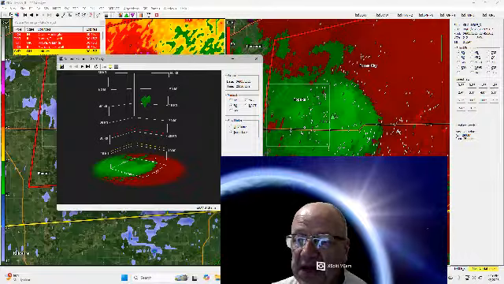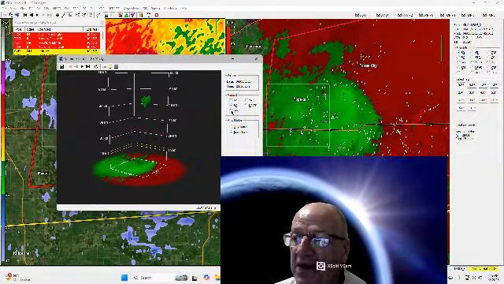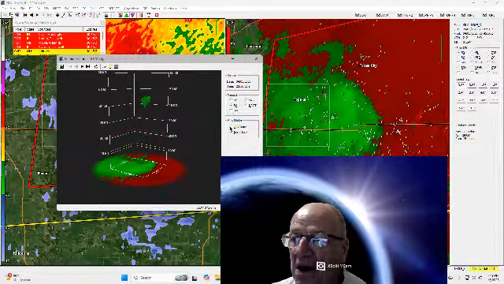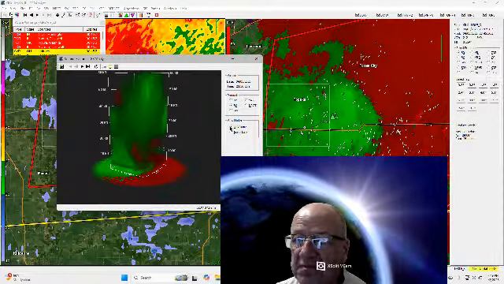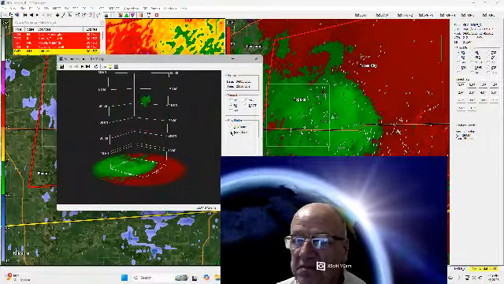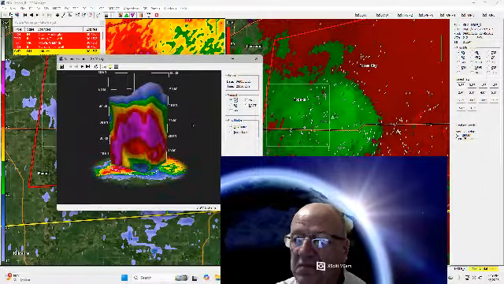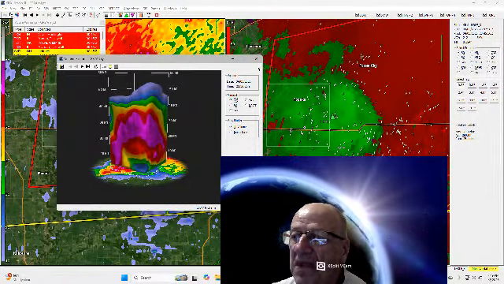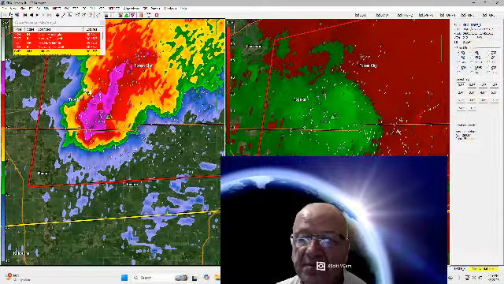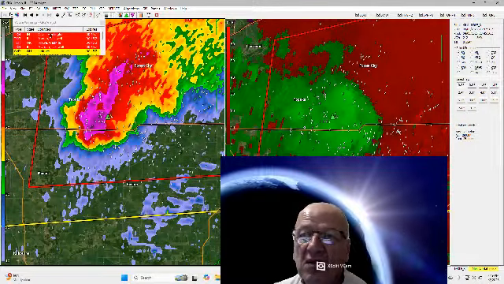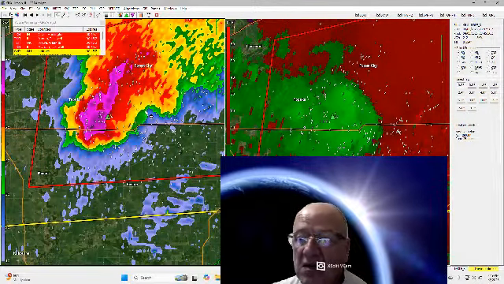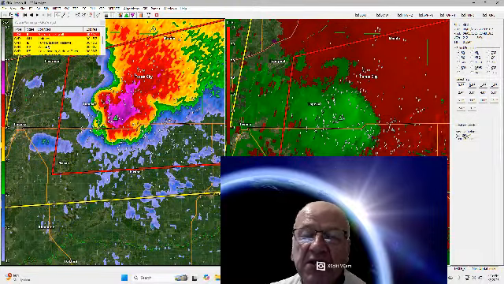This is the city with the backward C. There could have been a tornado in there. Four-inch hail. Okay, so it seems to be.